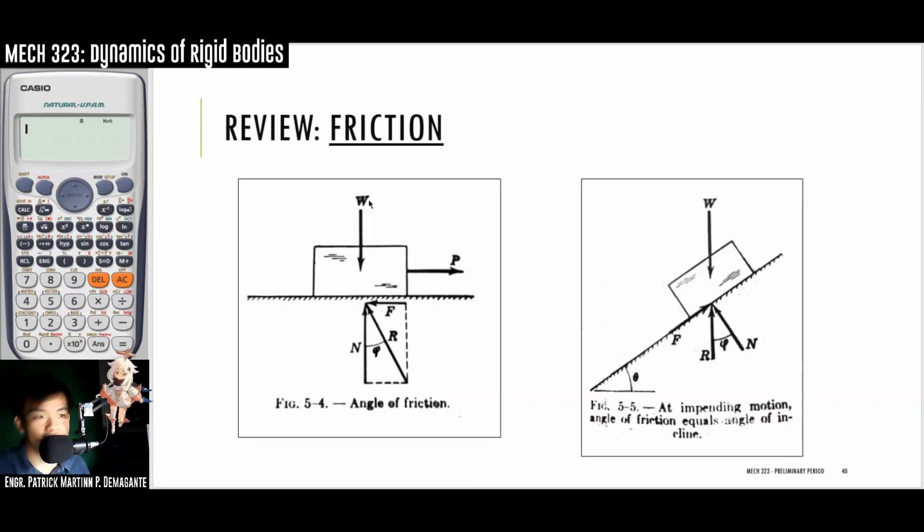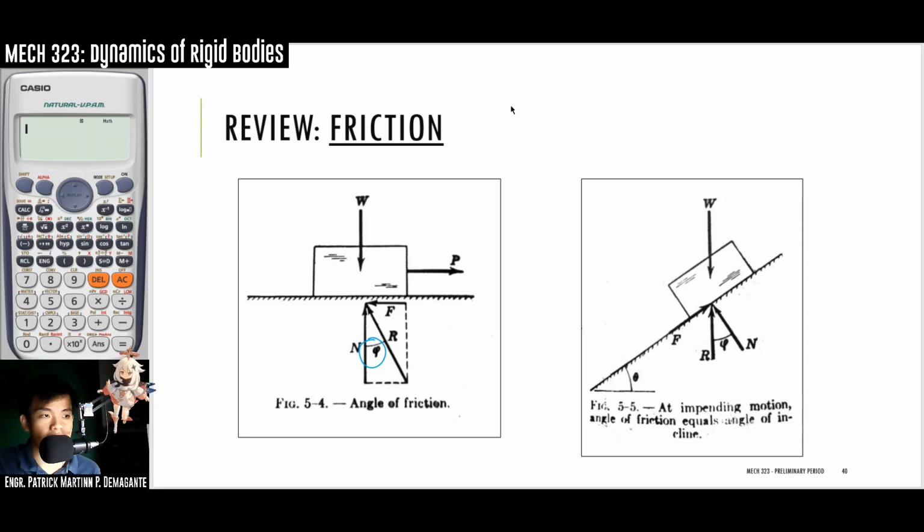Okay, next. This is figure 5.4-4. This is our angle of friction. The angle of friction is the angle between the friction and the normal force. Visually, how do we get this angle? What can we use? Tangent, opposite over adjacent.